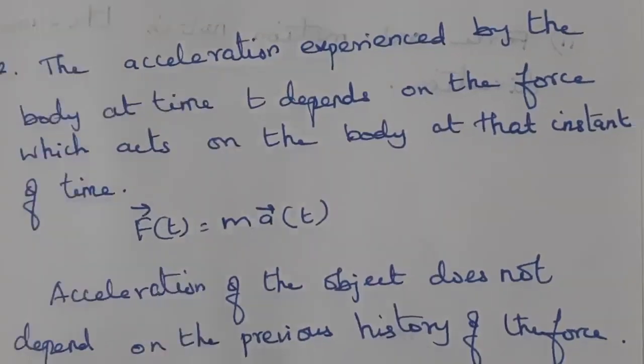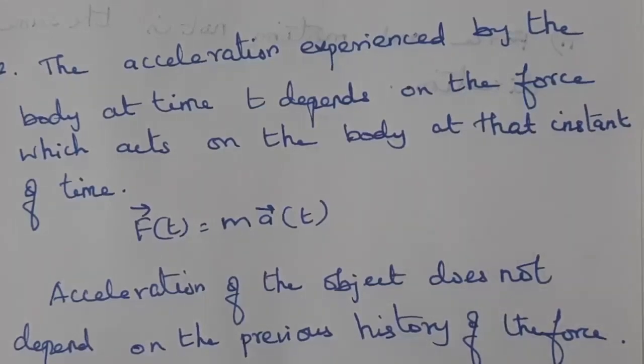For example, in a cricket match, when the bowler throws the ball to the batsman, once the ball leaves the hand of the bowler, it experiences only the gravitational force and the air frictional force.